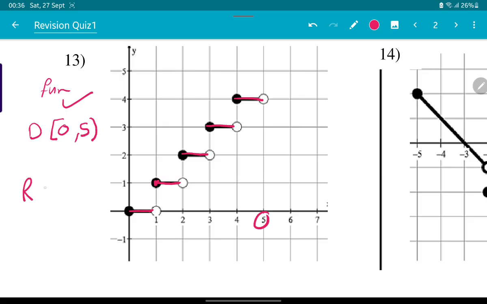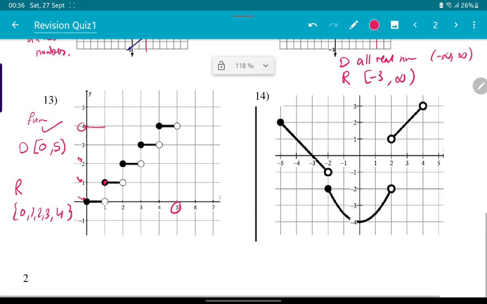For the range, we are jumping on the y-axis: we have only this and this and this because there is a gap between them. So we can put this in a set of numbers: 0, 1, 2, 3, and 4, and it's a function.